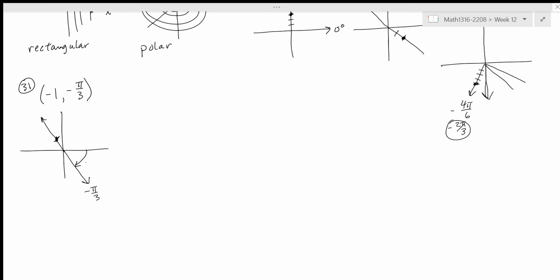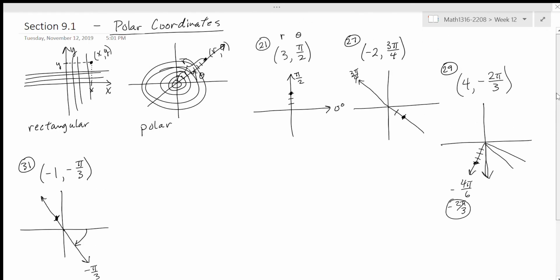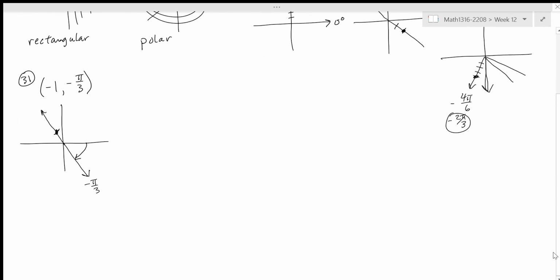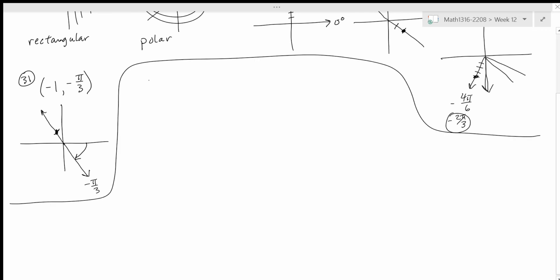Okay, let's go to the next new thing. That's still 9.1. The next new thing is going to be formulas. So let's put this in a box and give you some formulas. X equals r cosine theta. Y equals r sine theta.